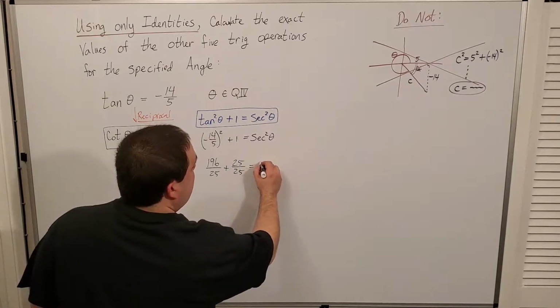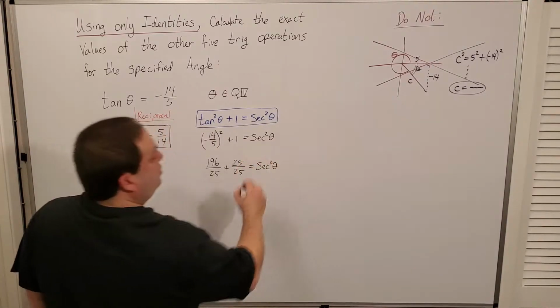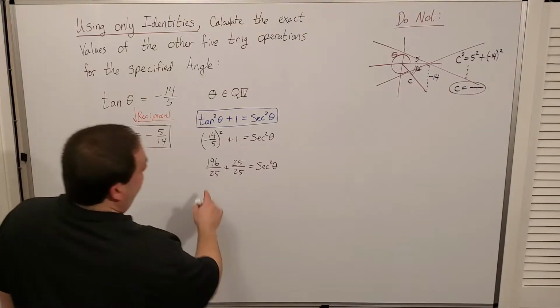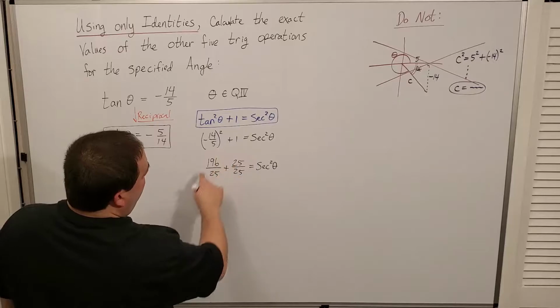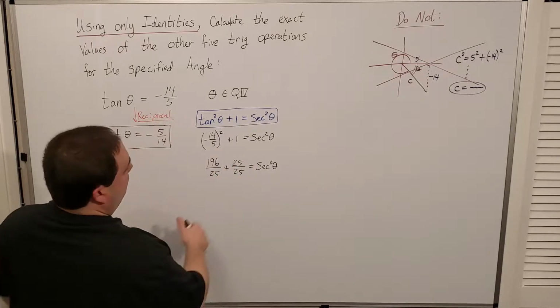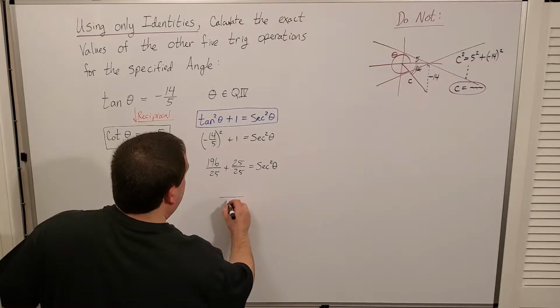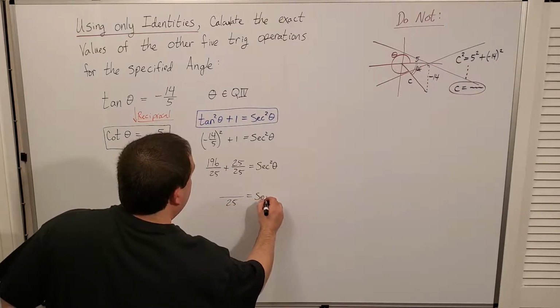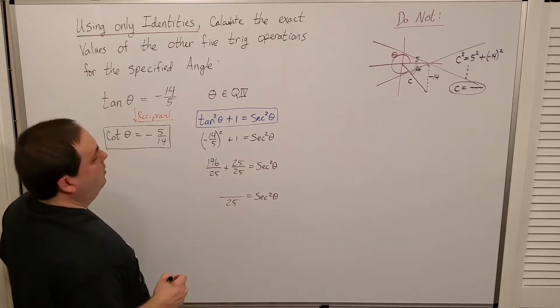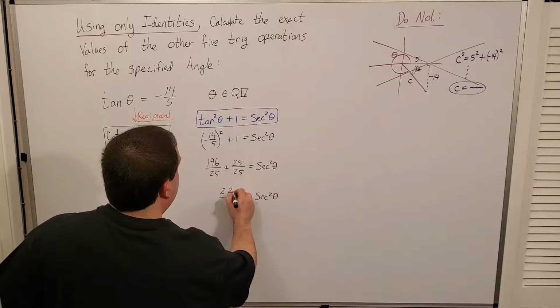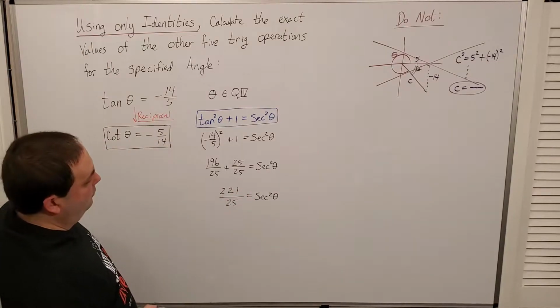And this is still equal to secant squared theta. Then from here, I add these two together: 196 plus 25, over 25, and it's still equal to secant squared. So that's going to give me 221 over 25.